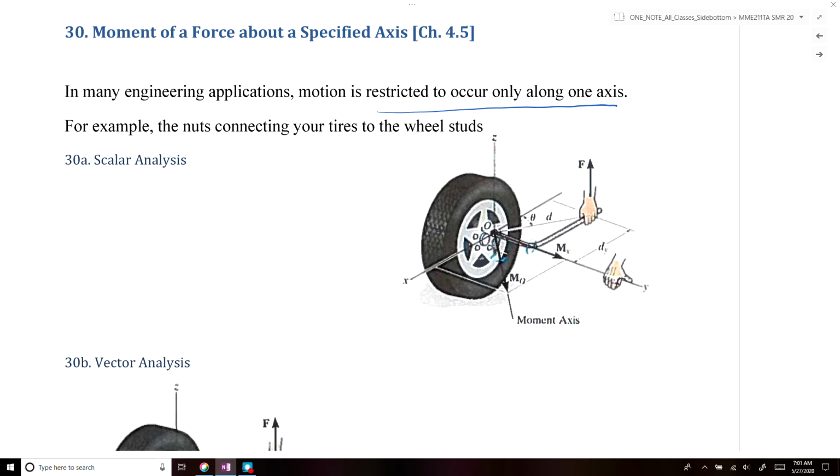So if you want to determine the moment about a specific axis, we can use the following equation.